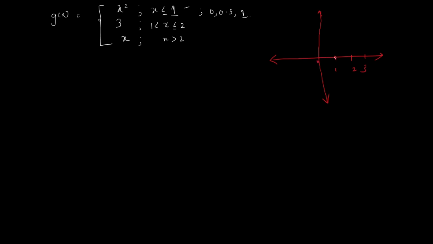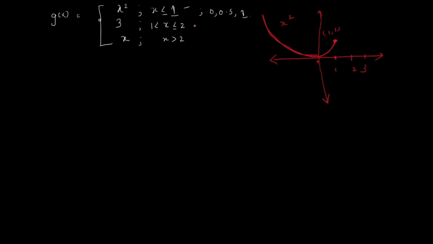So the graph starts from here, 1, 1. It follows this x squared pattern. Now remember, we have an equality sign here, so we will put a dot here.